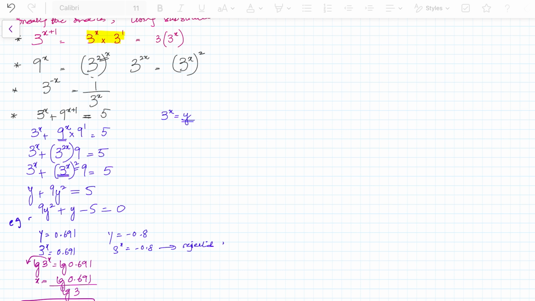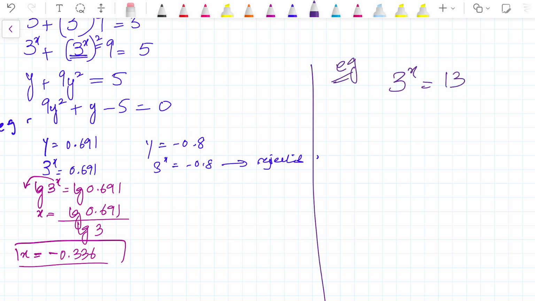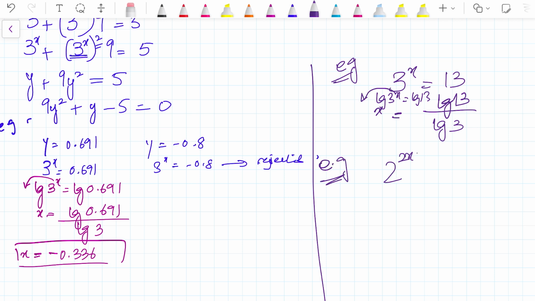Now, just to give you a quick thing, 3 power x equals to 13. How can you solve this? lg 13 divided by lg 3 equals to x. So we apply log on both the sides. You know the power comes down and lg 3 goes on the other side and divides. Another example: 2 power 2x plus 1 minus 5 equals to 7.